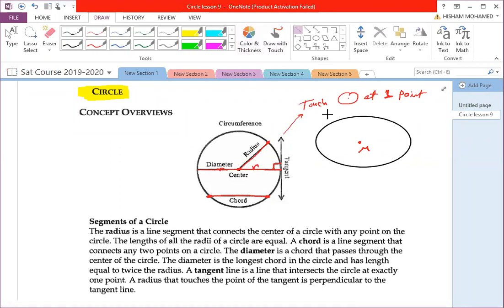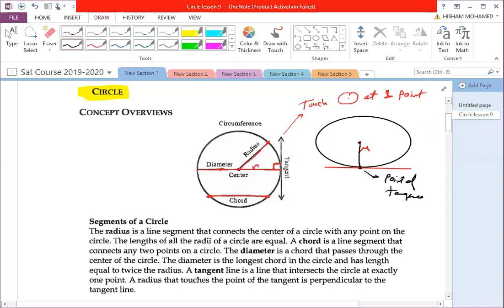Again, if I draw a tangent touching the circle, and you join the point of tangency and the center of the circle, this angle is equal to 90 degrees, because the radius is perpendicular to the tangent at the point of tangency. So this is all the segments of the circle and their definitions.